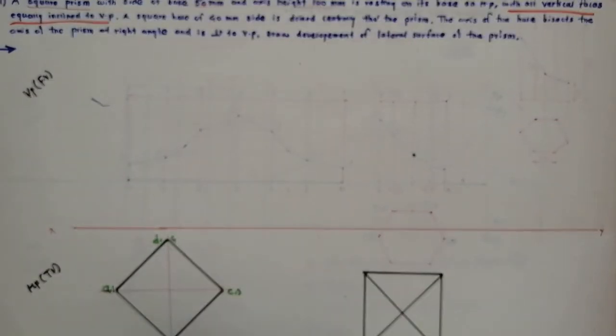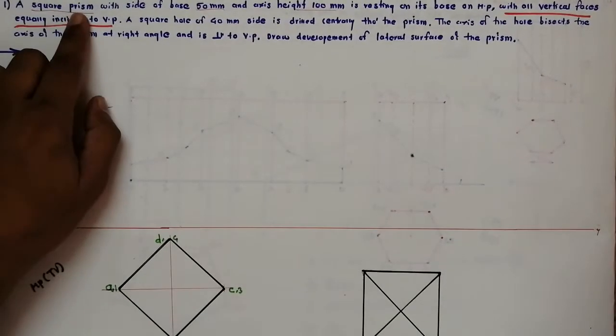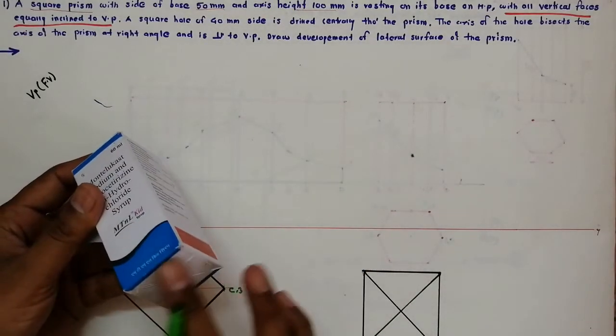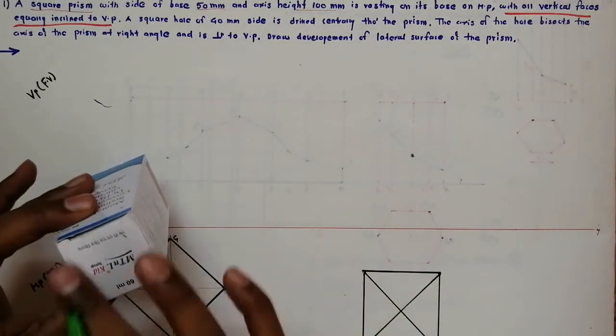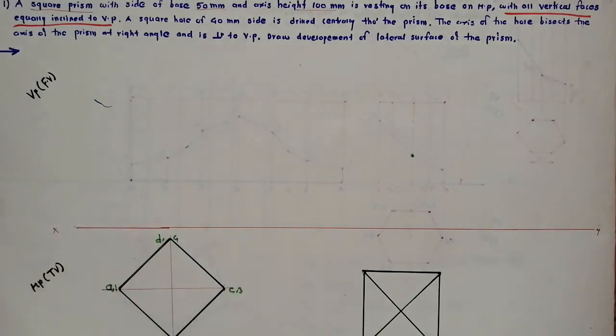So whenever there is a prism, I have told you the nomenclature is twice. A, B, C, D is for this bottom square and 1, 2, 3, 4 for the top square. Now we'll construct the front view.